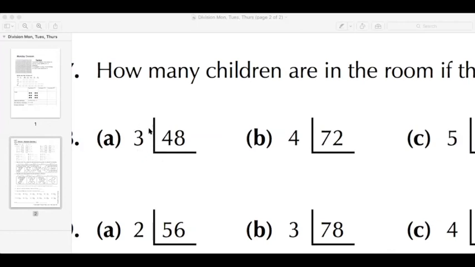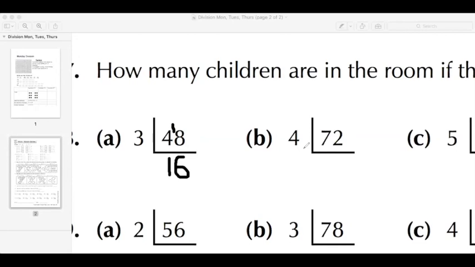How many sweets are they going to get each? They're going to get 1 sweet, but there's also going to be 1 left over. So I'm going to put the number of sweets left over here, and it's going to join the next part. Then I'm going to say 3 divides into 18 how many times? So if you skip count your 3s until you hit 18, you know it is 6. So 3 goes into 48 16 times.